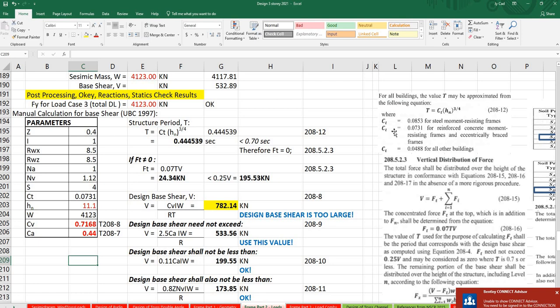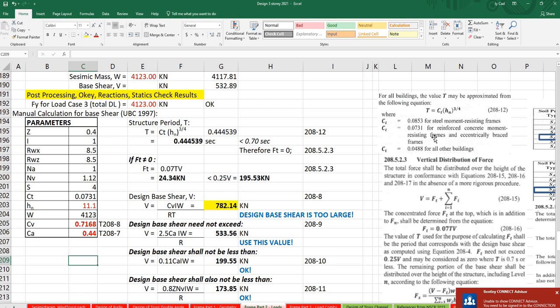And then, CT is equal to 0.0731 for reinforced concrete moment resisting frames. Again, ito ay beams and columns lang. Wala siyang shear wall. And then, CT is equal to 0.0488 for all other buildings. Okay?